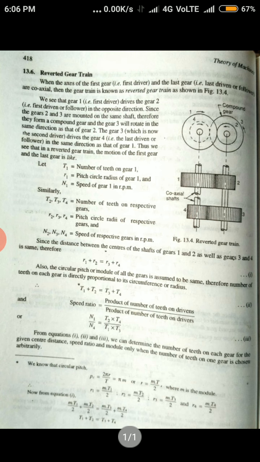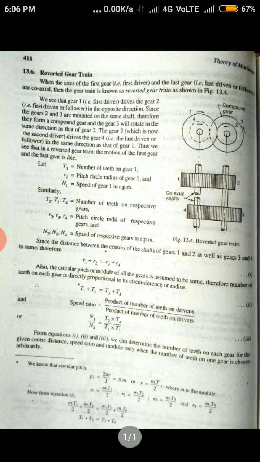As we know, the radius is directly proportional to the number of teeth. Whether it is radius or diameter, we already know the relation. If the gear has a bigger diameter, it has more teeth. If it has fewer teeth, the size of the gear will be smaller. Also we can write the relation for the center distance between the respective gears.